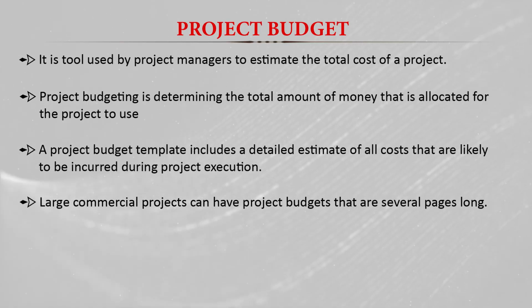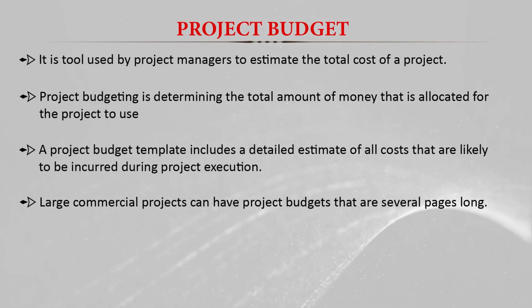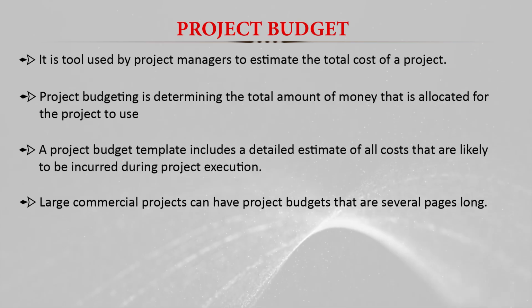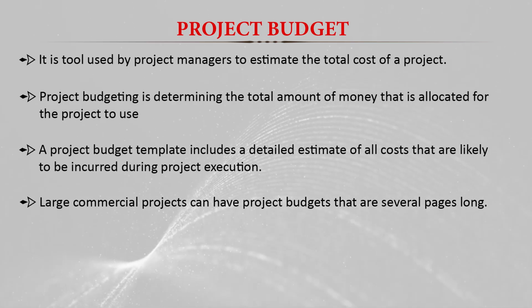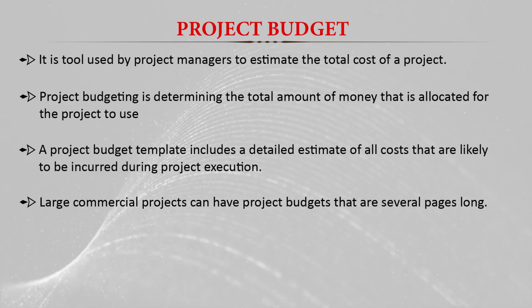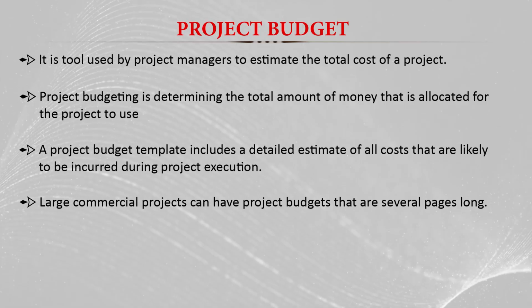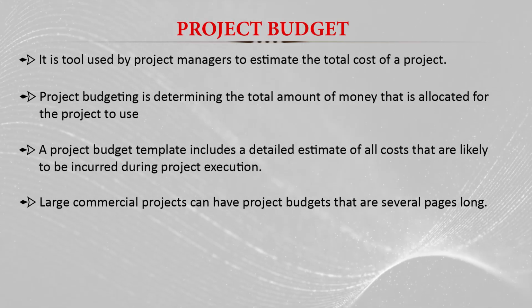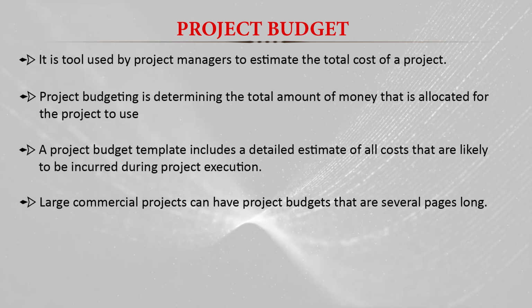So they divide their activities; there are different types of activities, sub activities, sub elements in the project or production process. So for all the sub elements or sub activities we have to estimate the cost. So that's why in a large commercial project, the project budget is of several pages, a very long Excel sheet.